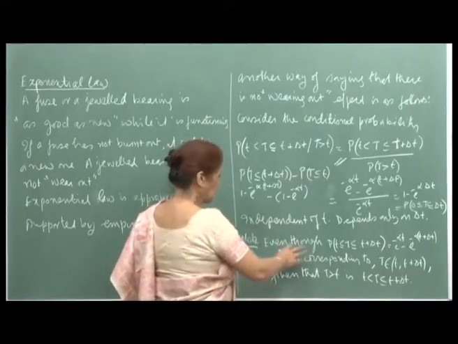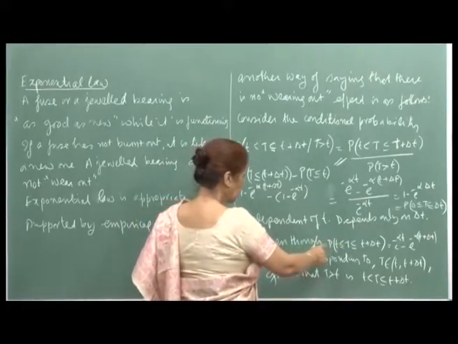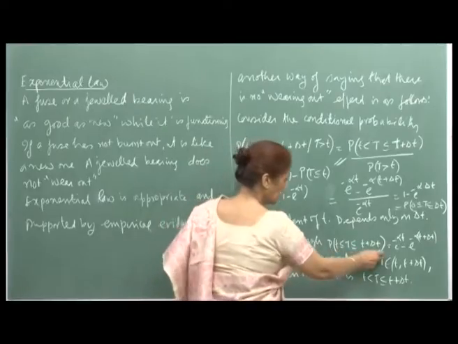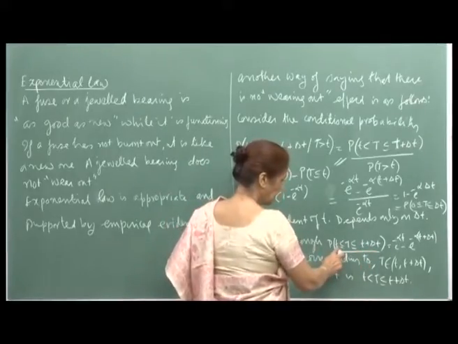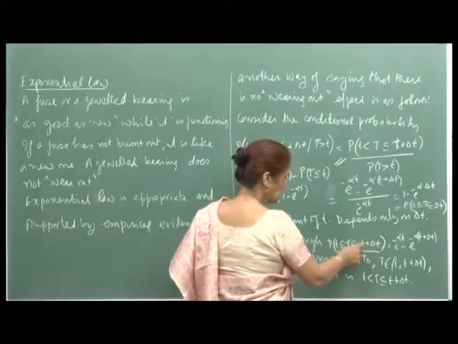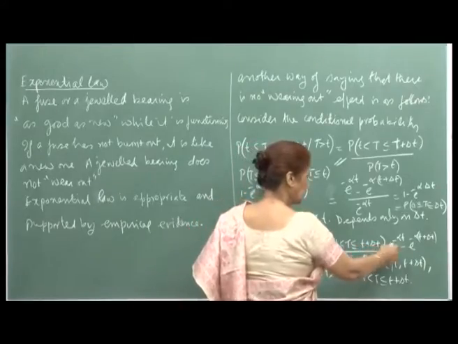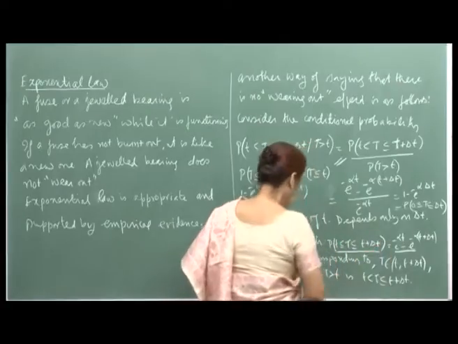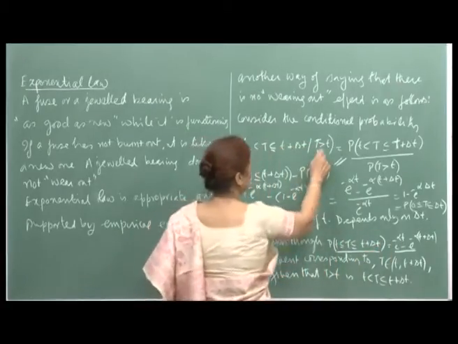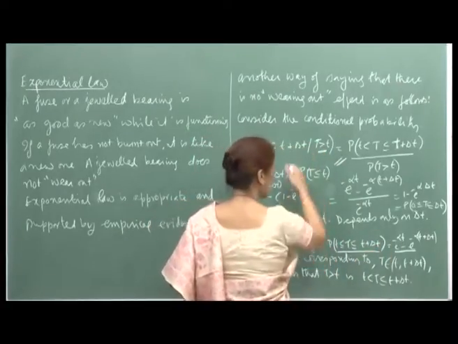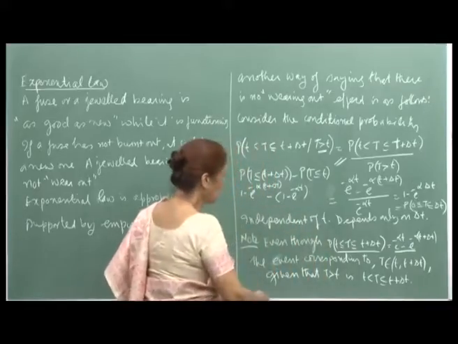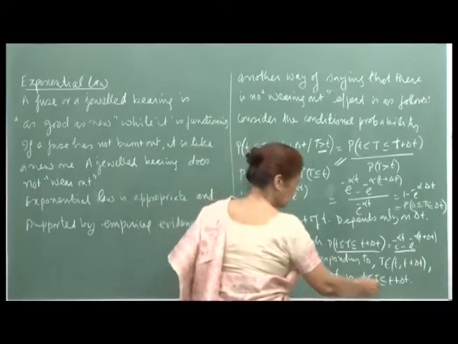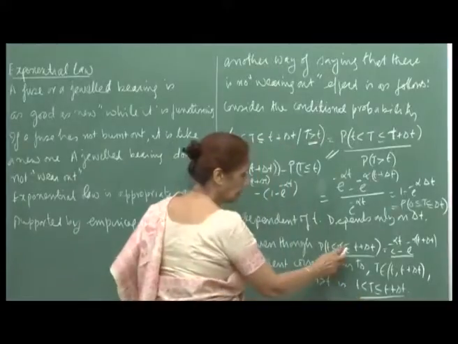Now, I just want to make a note here that even though this probability, if you say t less than or equal to capital T less than or equal to t plus delta t, will also come out to be the same as this one, since we are considering the conditional probability that T is greater than t, we have to consider this event and not this event.